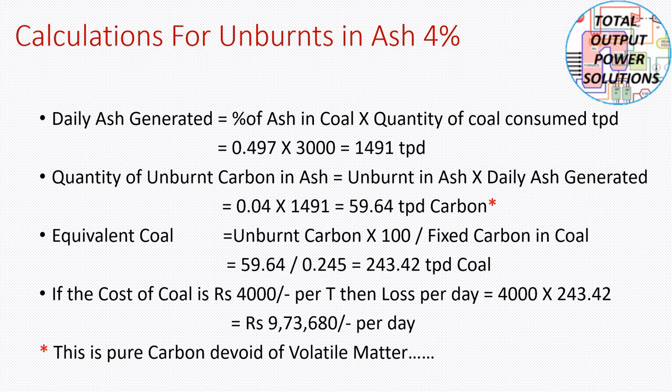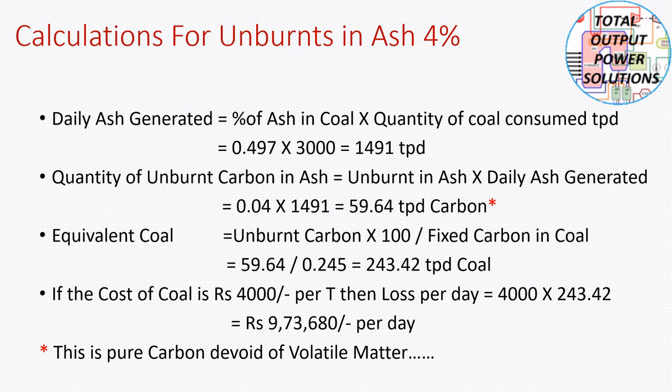So we calculate the equivalent coal with this. The fixed carbon in coal is 24.5%. So unburnt carbon multiplied by 100 divided by the fixed carbon in coal. So it comes out to be around 243.42 tons per day of coal that you are using.